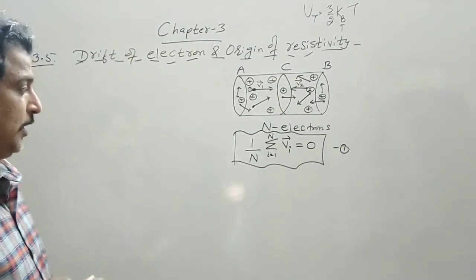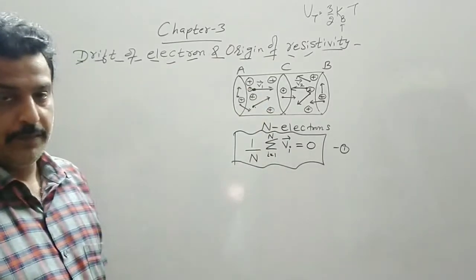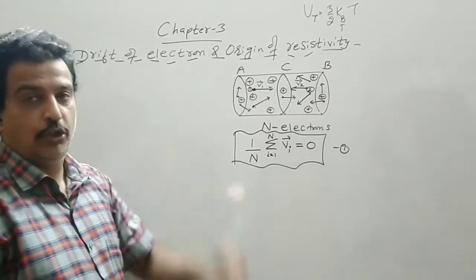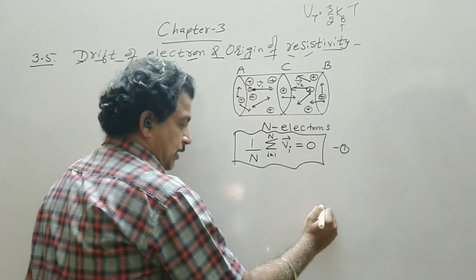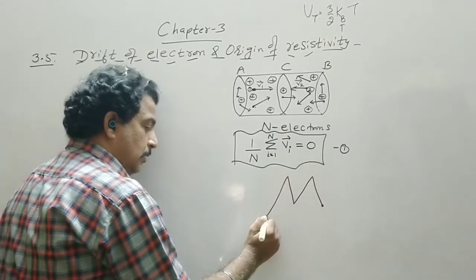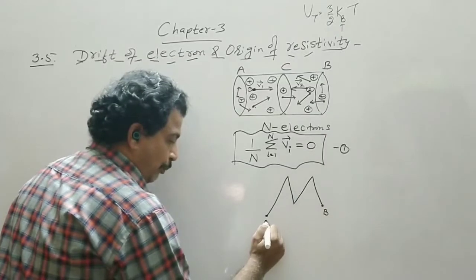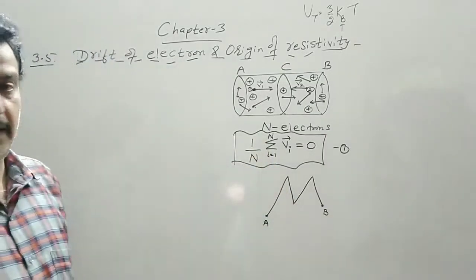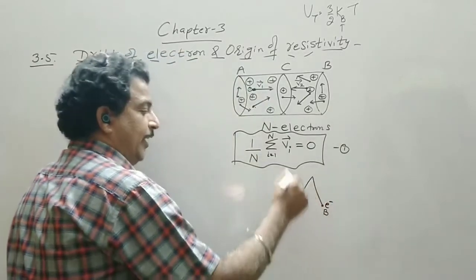Now suppose I consider the motion of any one electron. For this diagram, suppose this electron moves from point B to point A. This is the motion of an electron.